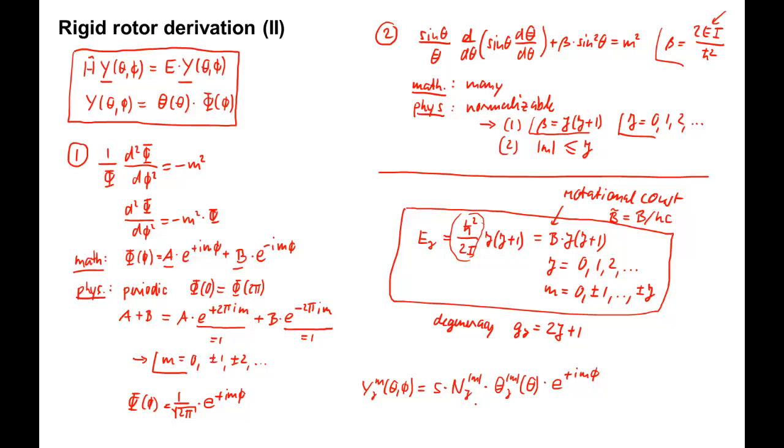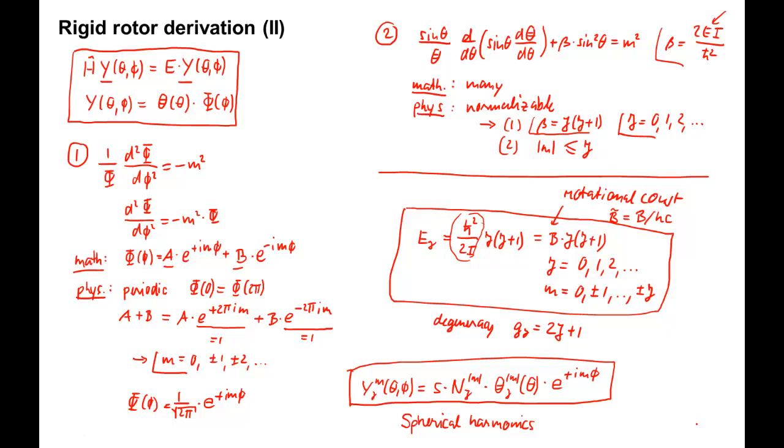All the superscripts and subscripts indicate on which quantum numbers the various terms depend. These functions are called spherical harmonics and are defined over the surface of the sphere, θ and φ. We will examine them more closely in a separate video.